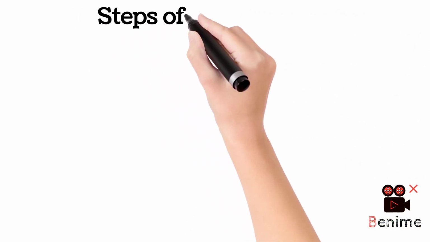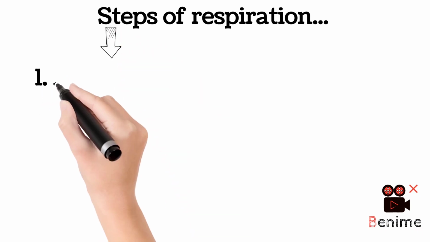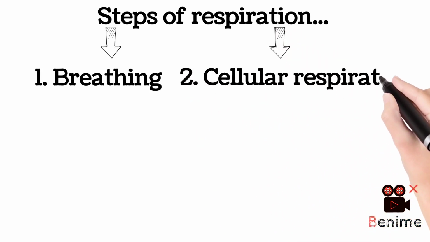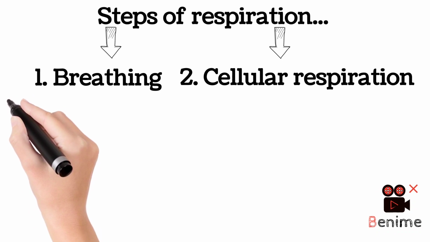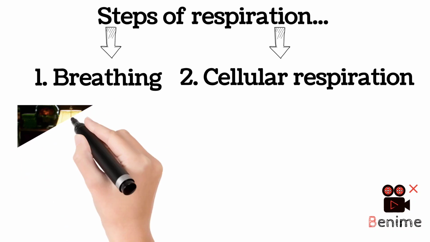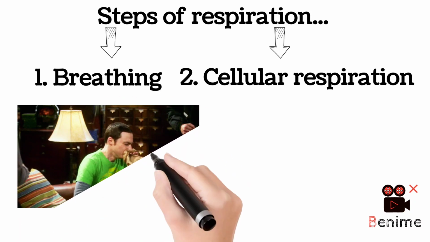The complicated process of respiration is completed by combining two steps, that is breathing and cellular respiration. First one, breathing. The process which includes entry of air into lungs and air with more quantity of carbon dioxide thrown out of lung is known as breathing.